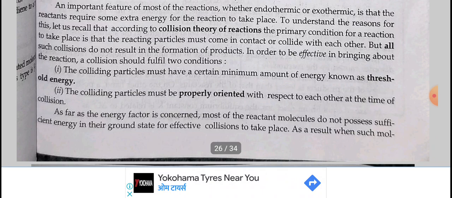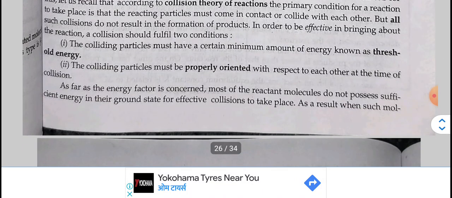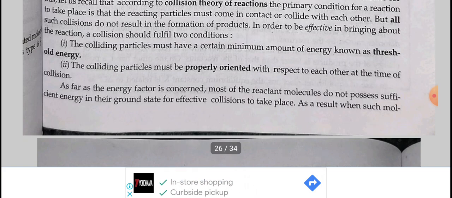But all such collisions do not result in formation of product. In order to be effective in bringing about the reaction, a collision should fulfill two conditions. The colliding particles must have a certain minimum amount of energy, known as threshold energy. The colliding particles must be properly oriented with respect to each other at the time of collision.